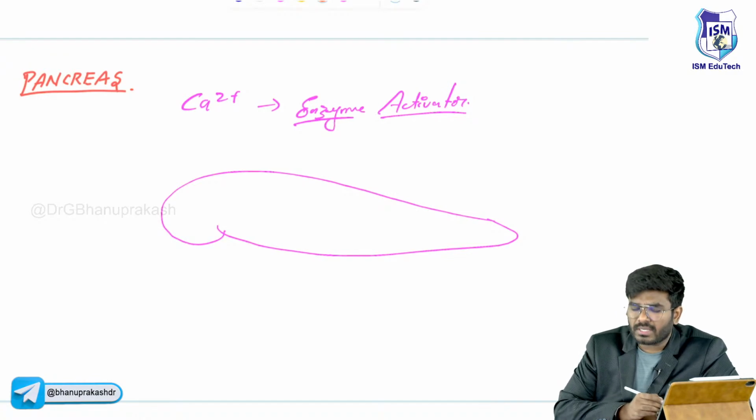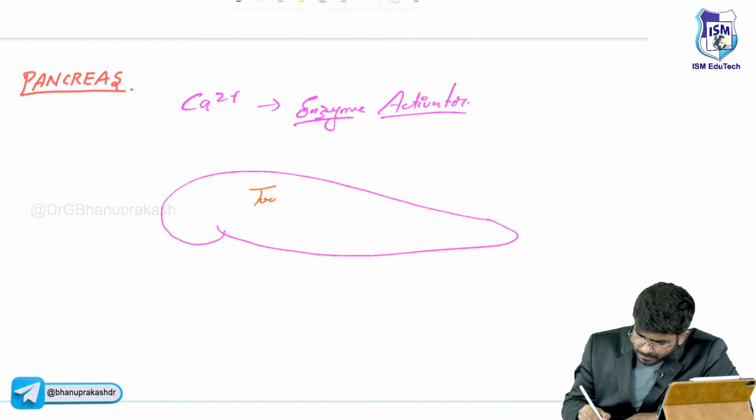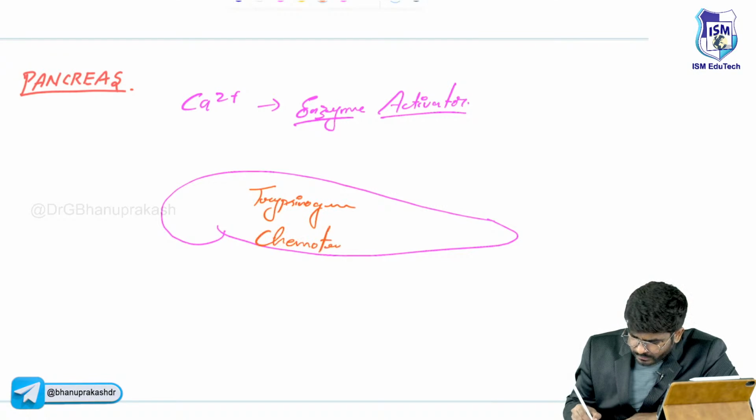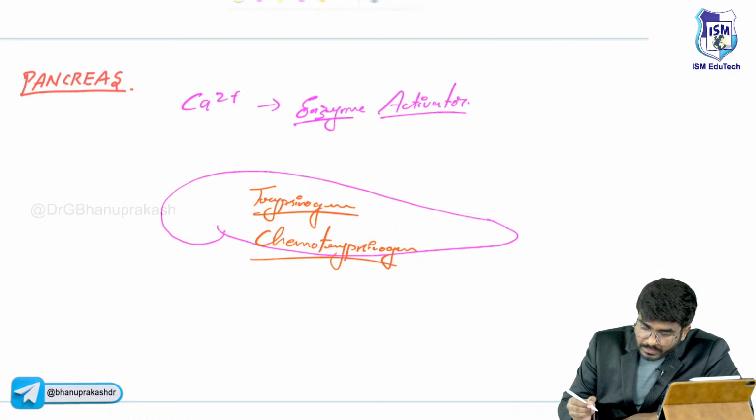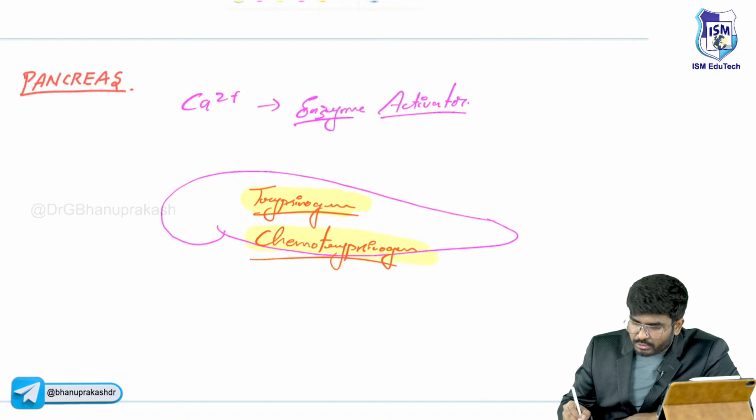Trypsinogen and chymotrypsinogen. See, they are in an inactive state.